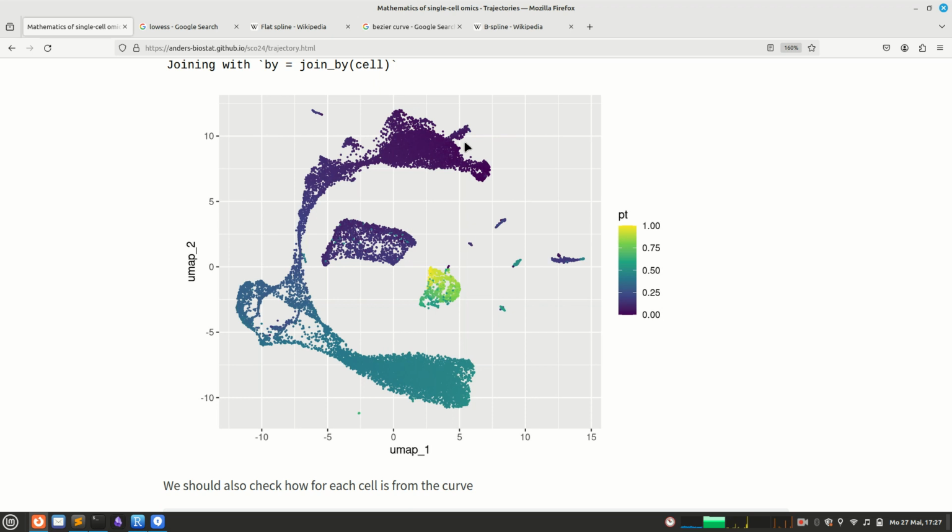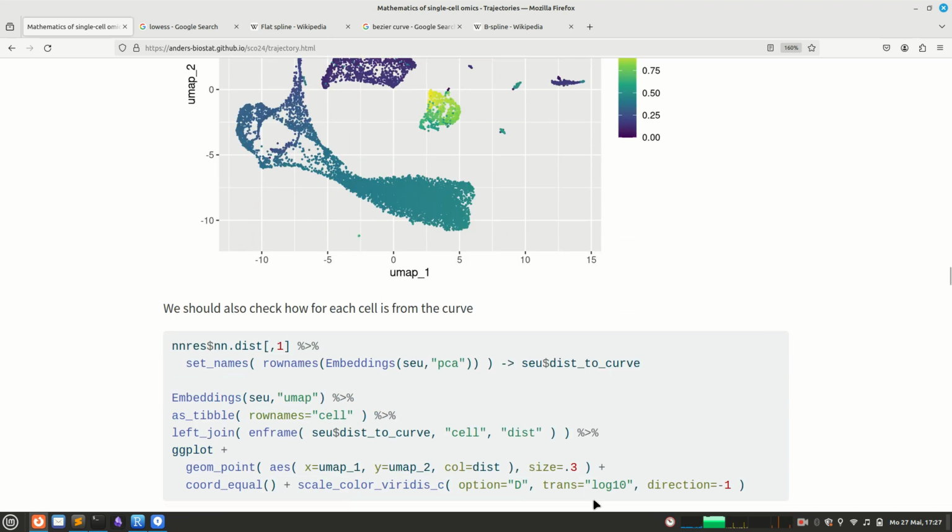Was it that these points are simply also close to the curve, or did we project from somewhere far away up to here? So what is this projection distance? That's useful to calculate. And because the principal curve package returns the individual original data points and a projection onto the curve, we can calculate the distance.